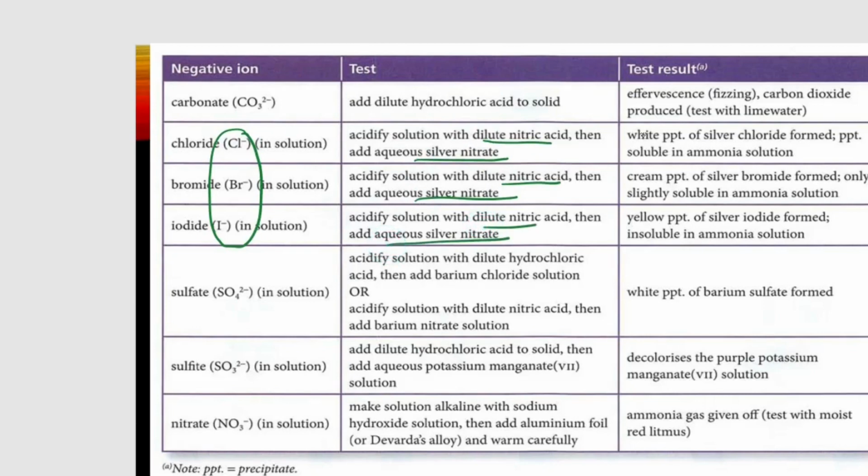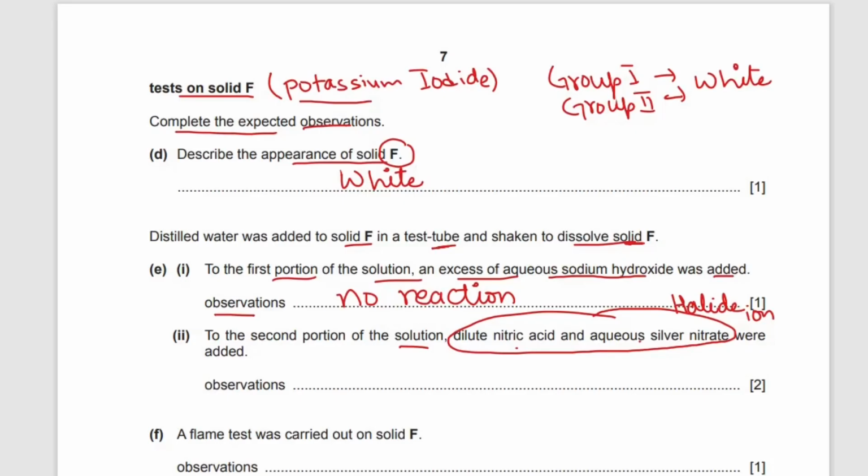But colored results are different. Chloride give white PPT, bromide give cream colored PPT and iodide gives yellow precipitate. So as we go down, the color becomes darker for their precipitates as well. White, cream and yellow. So iodide, in this question they say iodide, it means it must give you yellow precipitate. So 2 marks mean yellow and 1 mark for precipitate.